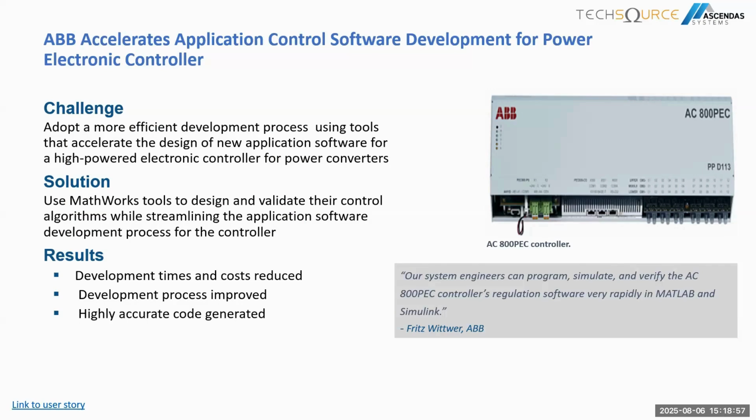The solution is to use MathWorks tools and validate their control algorithms. So these are more of a model-based design application of the software and the process for the controller. So the development time has been reduced and they are able to implement the power controller within a short period of time.